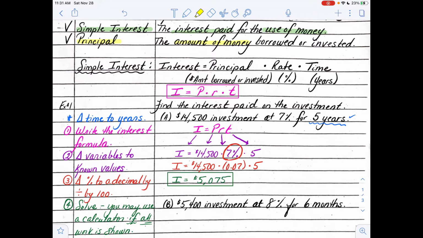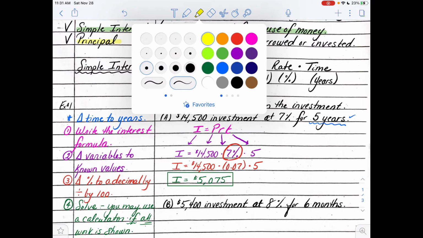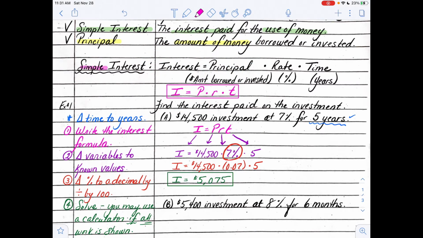So there is a nice little formula that we talk about. The formula for simple interest: we find the interest, the extra money that's being paid, by taking the principal, the amount that's being borrowed or invested. We multiply that by a rate, which is the percent, and we multiply that by the time, and we calculate that using years.